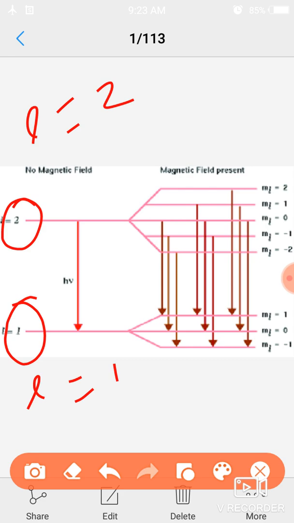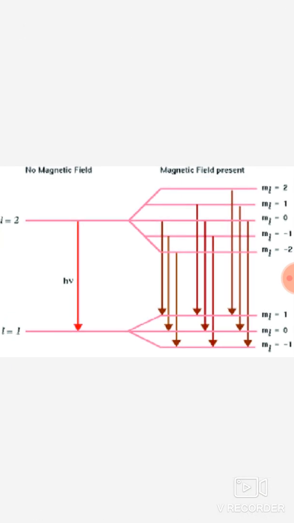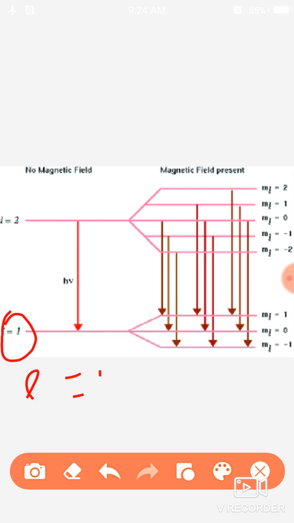When there is an interaction between electrons with spin s equal to half and the orbital angular momentum quantum number L, then after their interaction we have the value of J, the total quantum number. So here we can see this is the value L equal to 1.